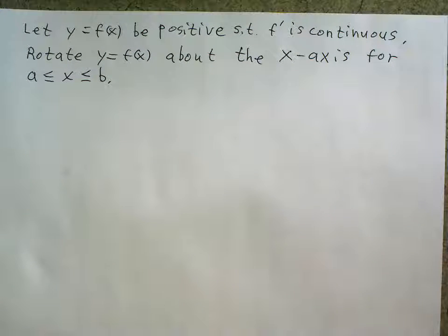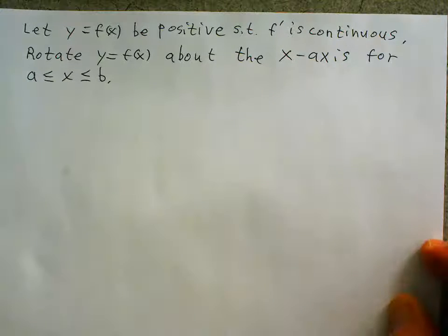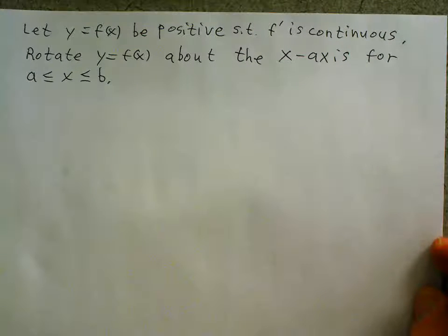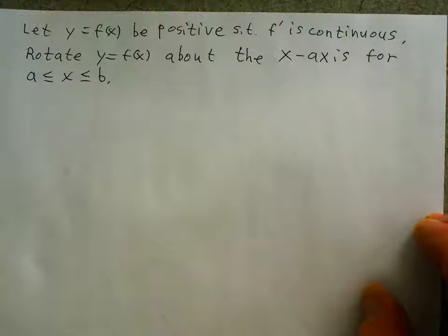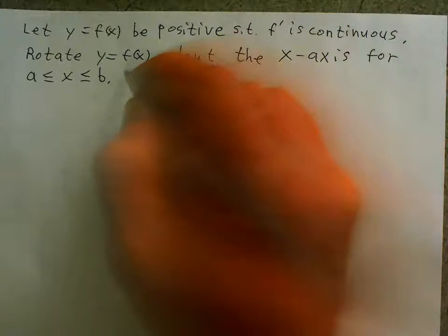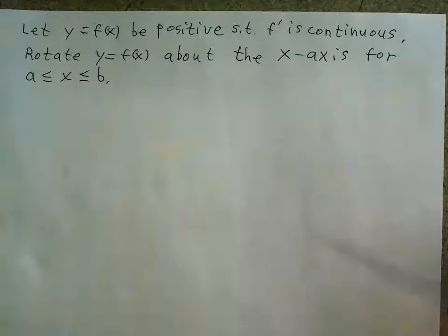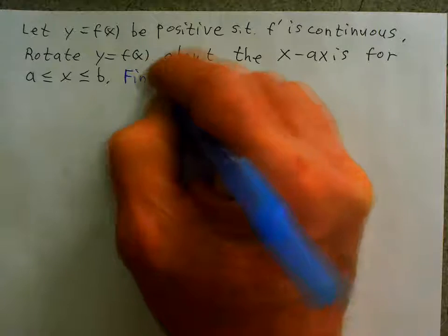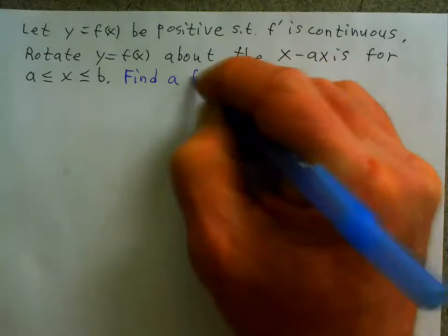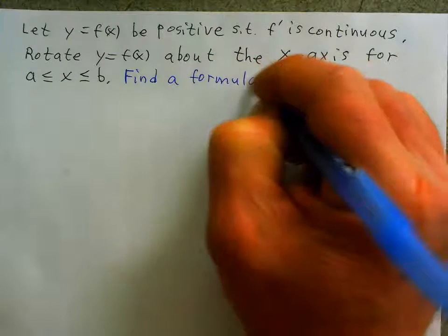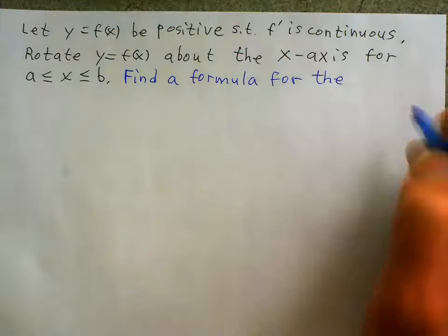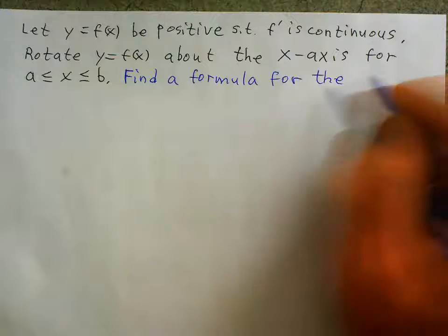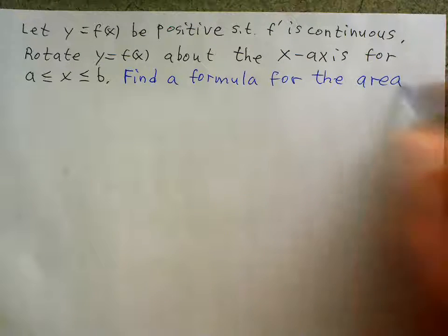If we rotate it about the x-axis, it will generate a solid with a surface, and we want to find the surface area. So find a formula for the area of the surface of revolution.